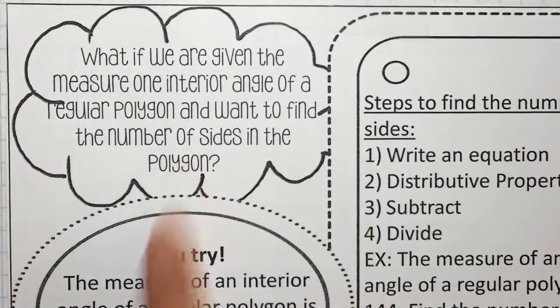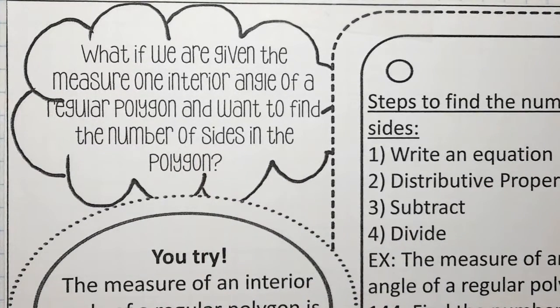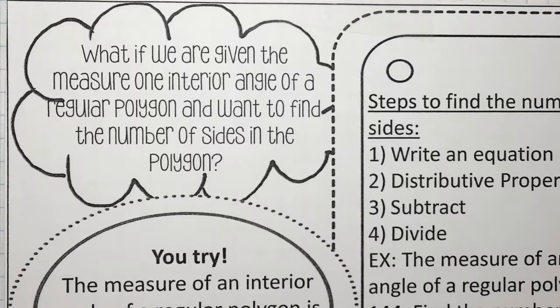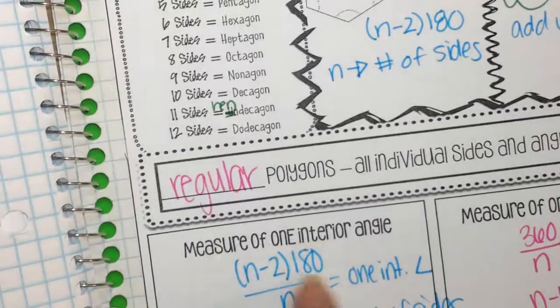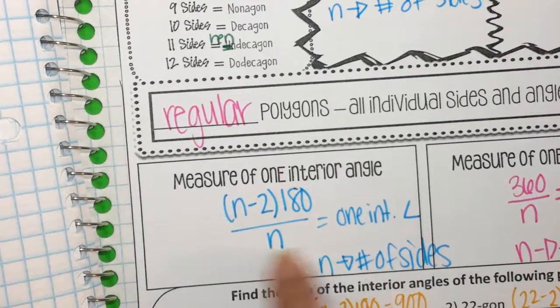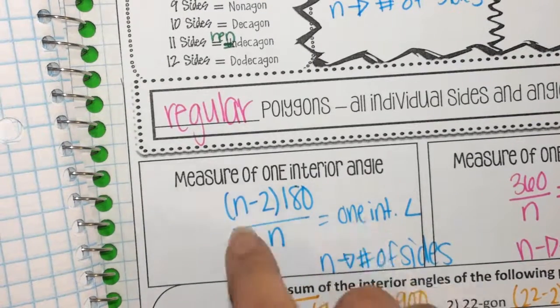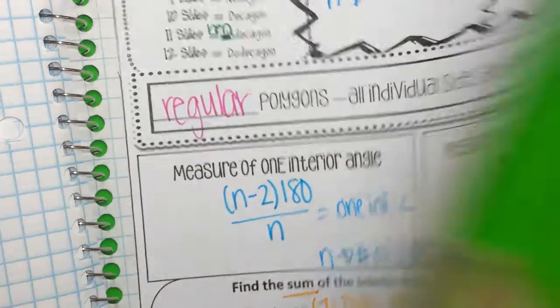All right, so this says, what if we are given the measure of one interior angle, and we want to find the number of sides? So we're going to use this formula right here, and all we're going to do is multiply both sides by n to set up our equation.